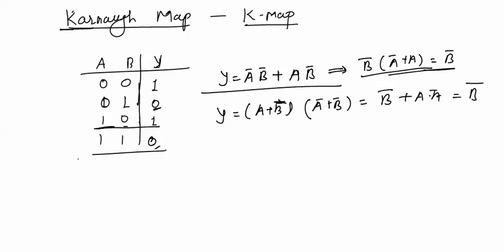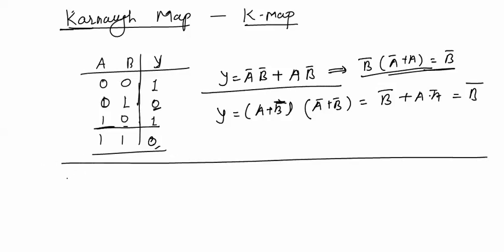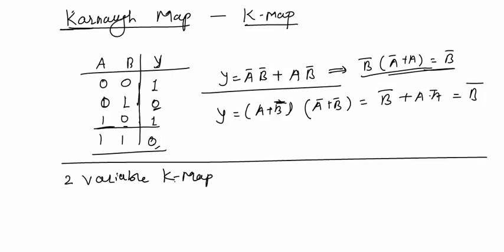First we will see the two variable K map.